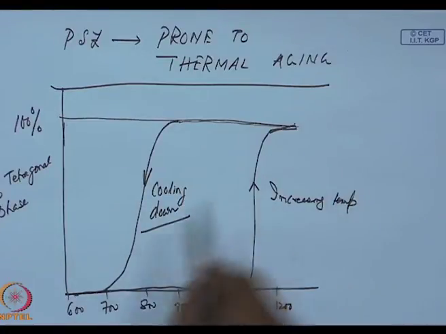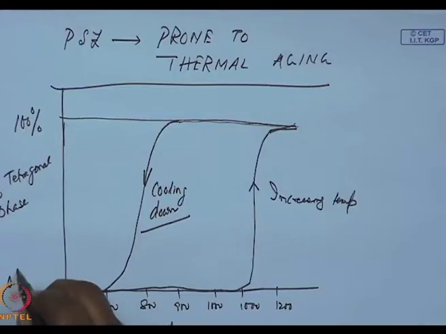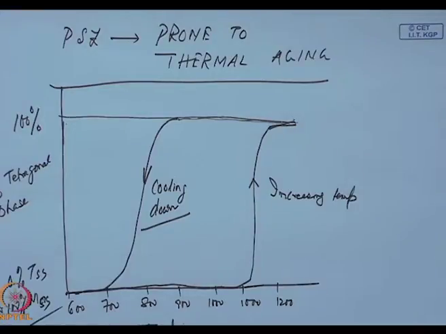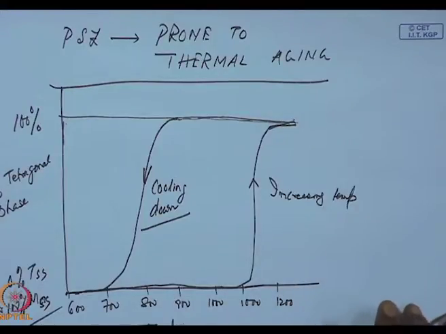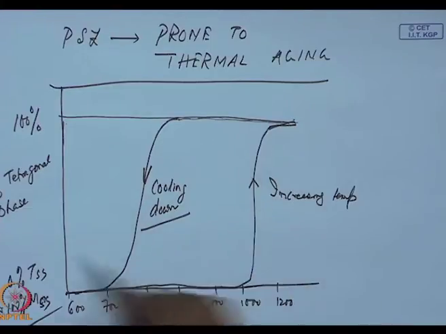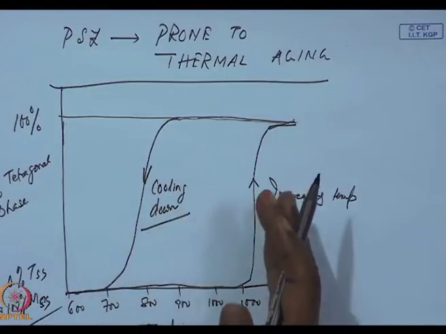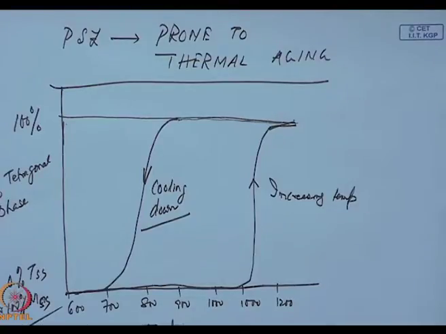So, this is the tetragonal phase, this is 0, this is a monoclinic solid solution. So, here I have this major aging problem, that is, I have a delay, I have hysteresis in the increasing and decreasing temperature of the cooling curve.